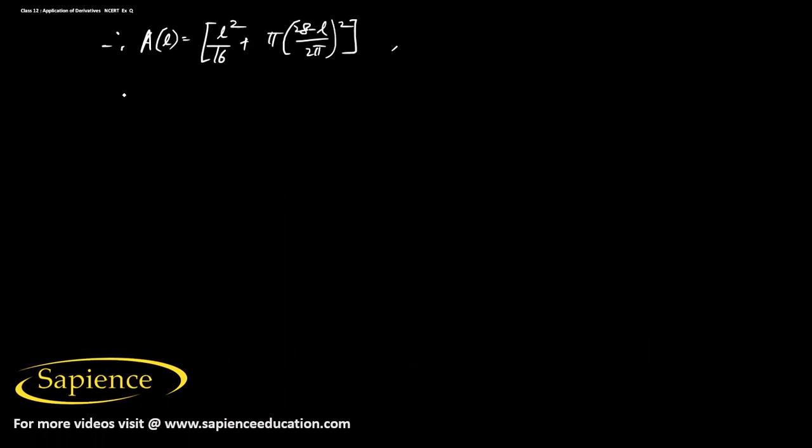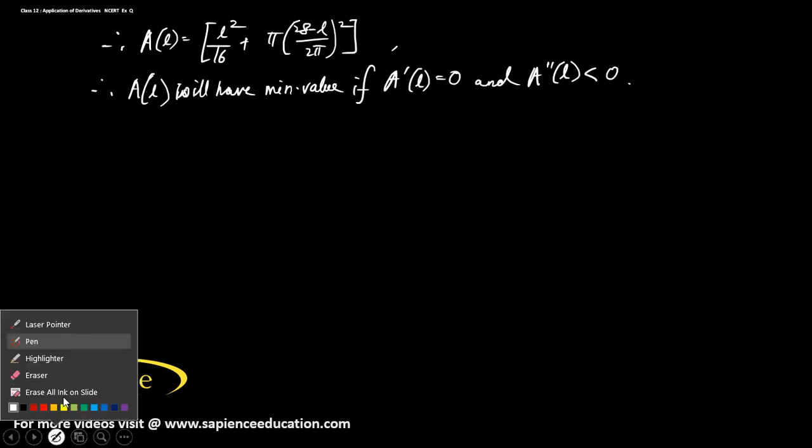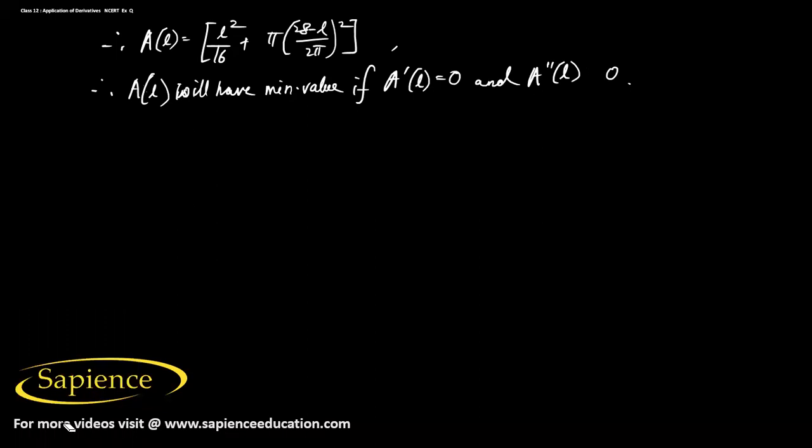Now if we apply the concept of local minima, then we can say that A of L will have a minimum value if A dash L is equal to 0 and A double dash L is greater than 0.